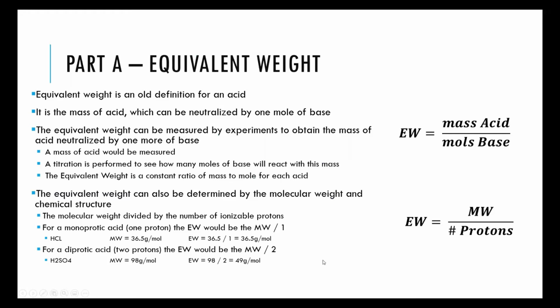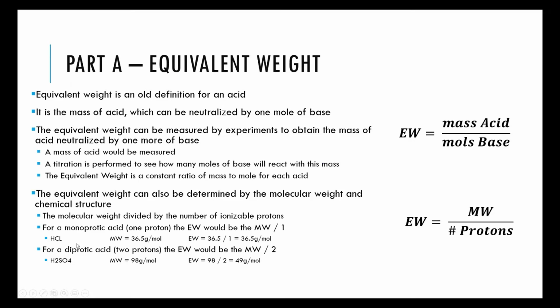You can also determine the equivalent weight just based on the chemical structure itself. So the equivalent weight, again, that's the mass of an acid that 1 mole of base can neutralize. So think of hydrochloric acid. The molecular weight of hydrochloric acid is 36.5 grams per mole.